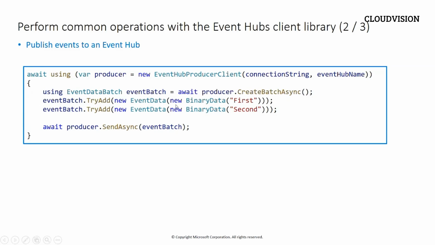So you are preparing a bucket of messages. And then you ask your producer to send the messages asynchronously on a child thread. It will take all the messages as a single package and send it to that event hub. And if you have permission, then those messages will be added.